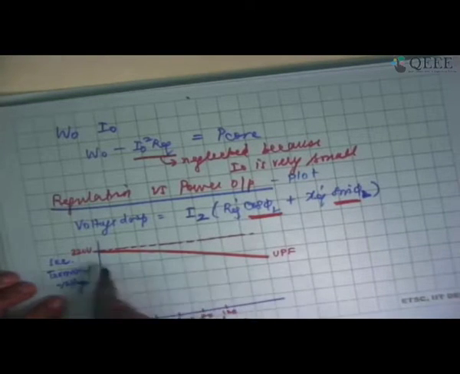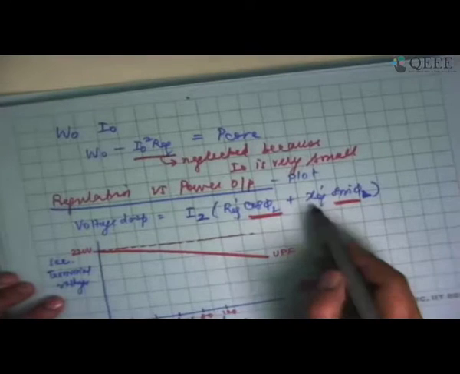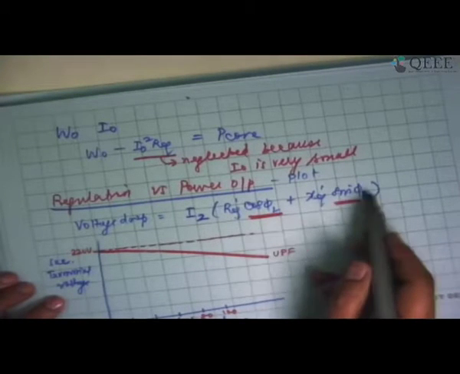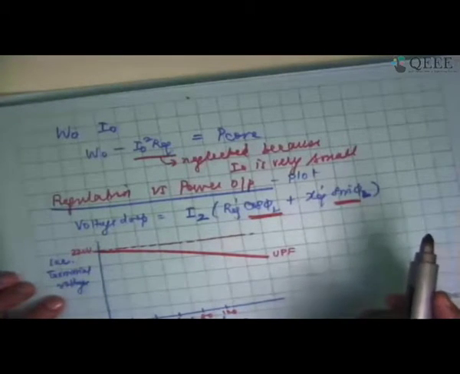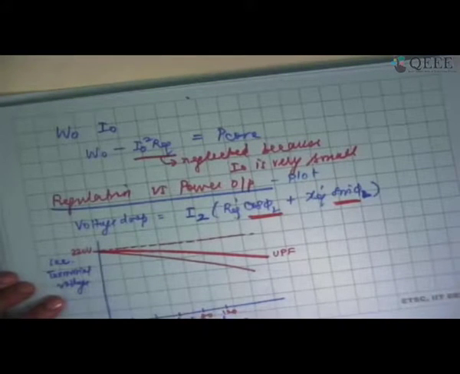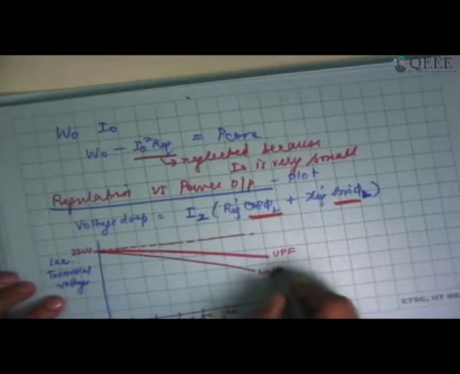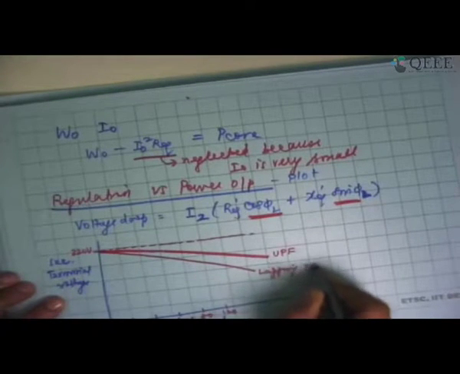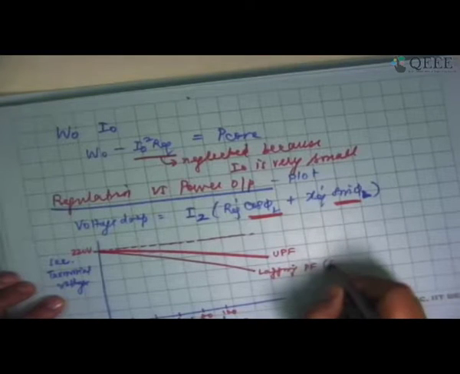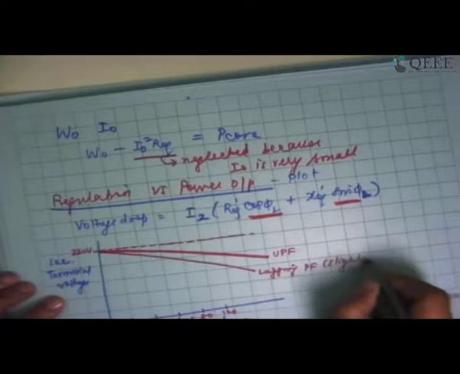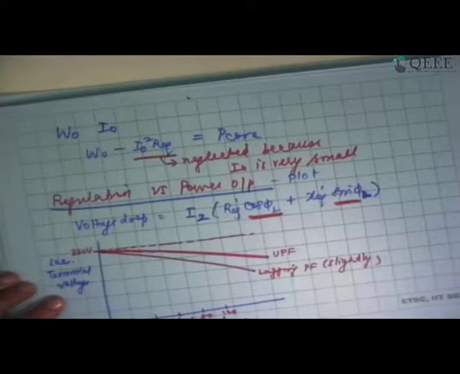If I am actually looking at lagging power factor load, X equivalent sin phi L is also going to contribute, definitely. So the drop will increase further. So this will be lagging power factor load. Maybe this is slightly lagging, not much lagging. If it is lagging more, it will drop more.